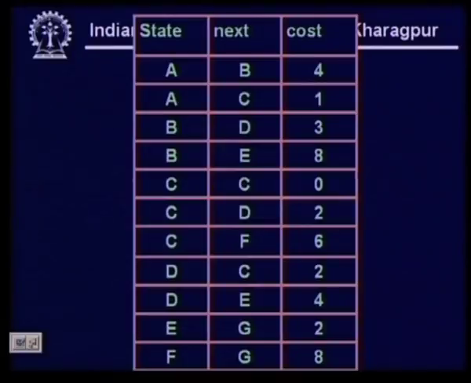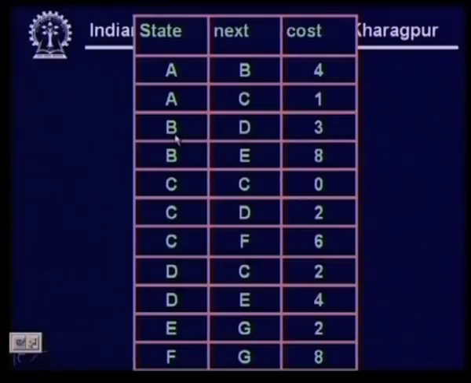Please note down, in this state space there are 7 states A, B, C, D, E, F, G. For state A, there is an edge to state B with cost 4. There is an edge from A to C with cost 1.